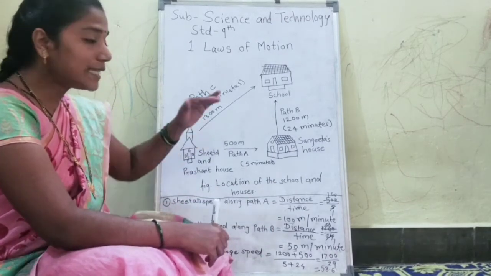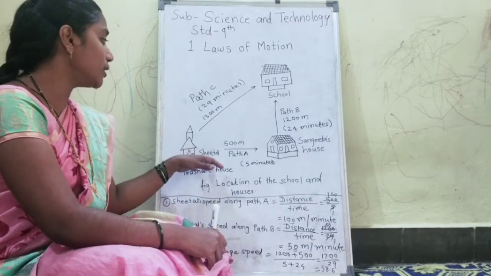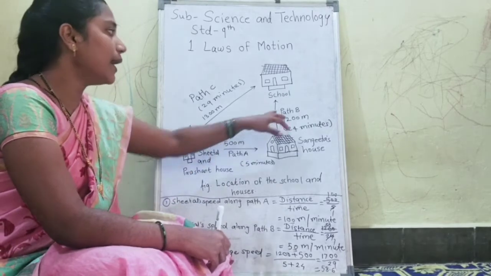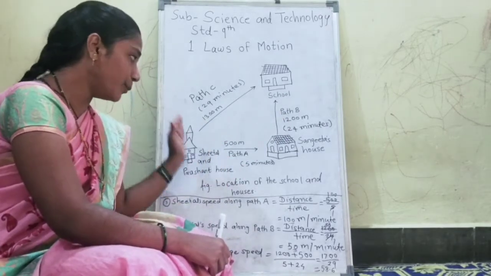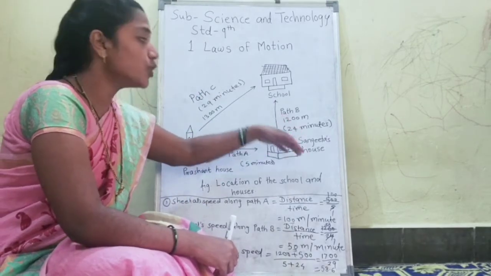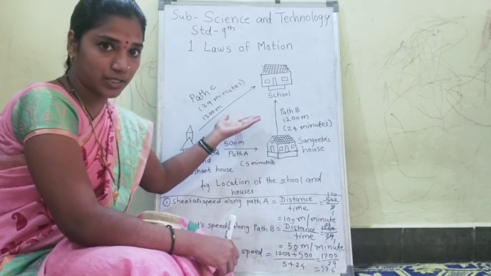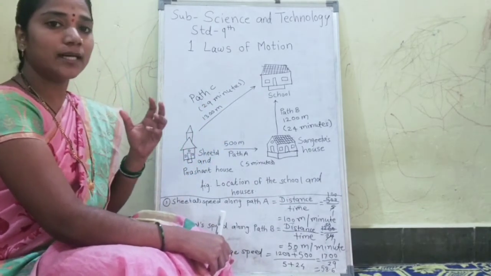Then what is the average speed of Sheetal along path A and B? Sheetal takes 5 minutes to complete 500 meter distance and takes 24 minutes to complete 1200 meter distance. But what is the average speed of Sheetal?